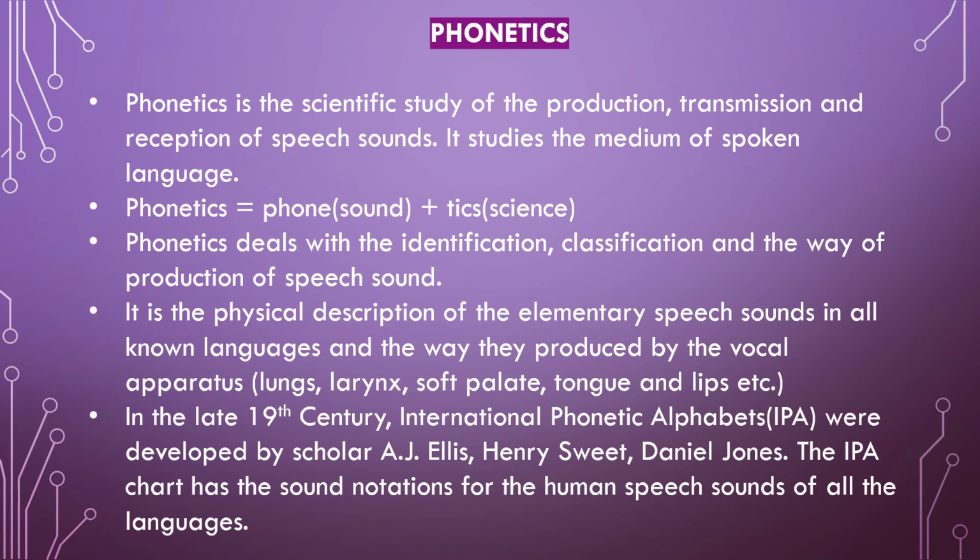It denotes sounds using different notations, most of which are Latin alphabets, to represent different sounds. Like you see musical notations for different musical notes, similarly, we have IPA to represent different speech sounds.